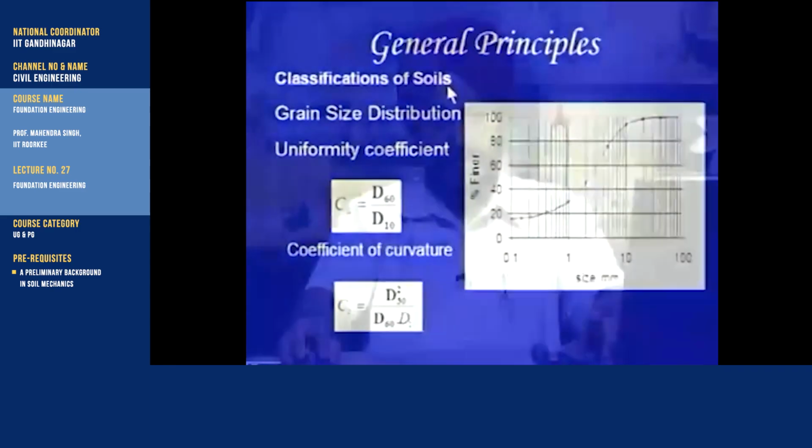When we say classification, we try to divide the individuals into certain groups, and those groups should have properties which are similar in all the individuals belonging to that group. So, classification of soils means we divide the soils into groups, and those groups of soils will have the same engineering properties, same strength characteristics, similar deformational characteristics.